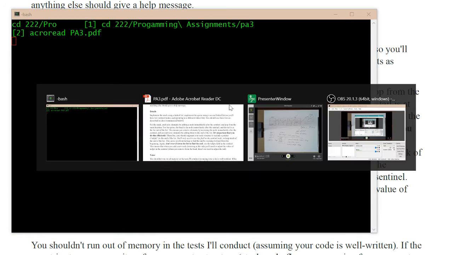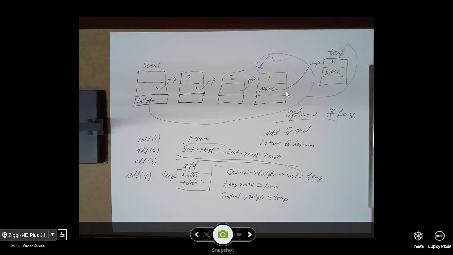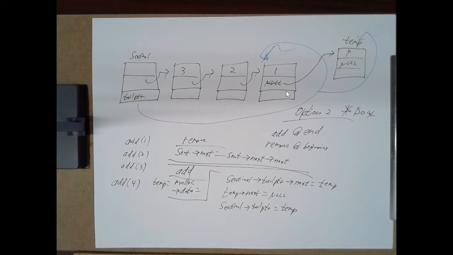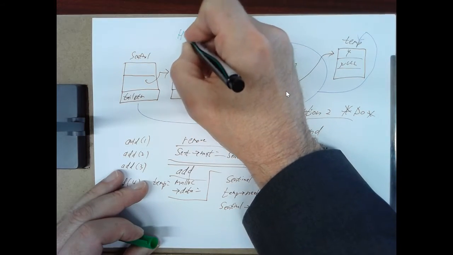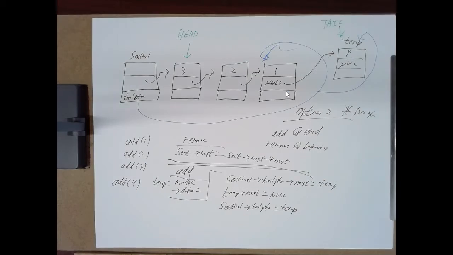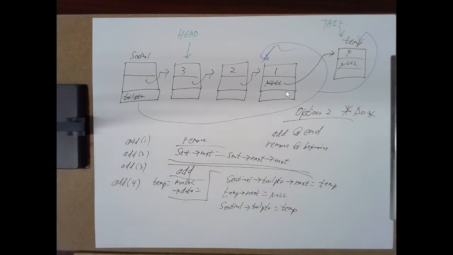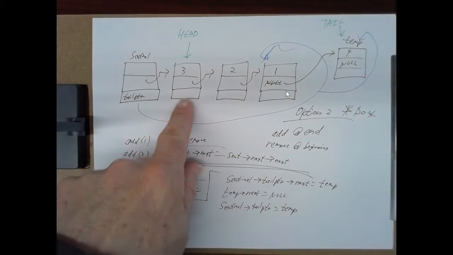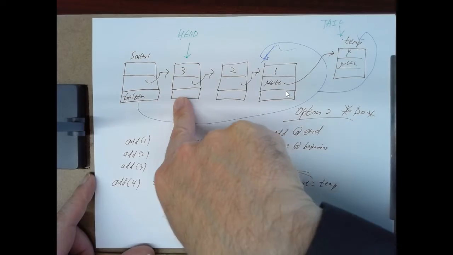So let's annotate this. So this is the head. This is the tail. Okay, that's why I call it a tail pointer. So you added the tail, which is right here, you remove from the head.